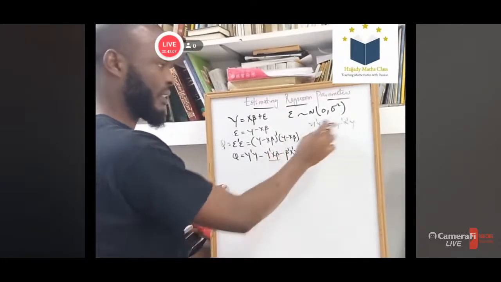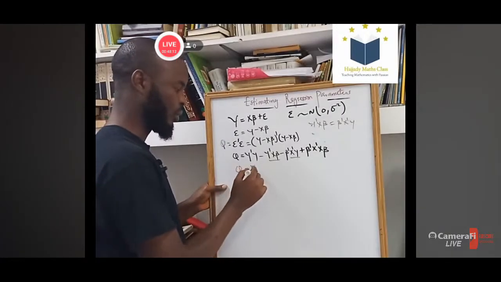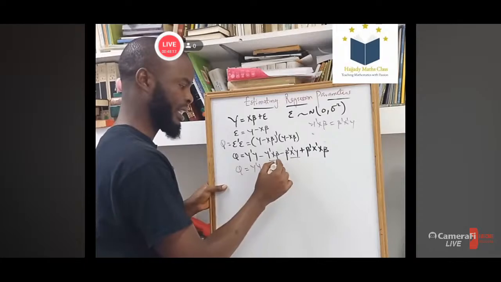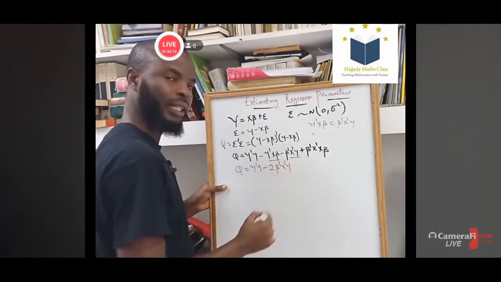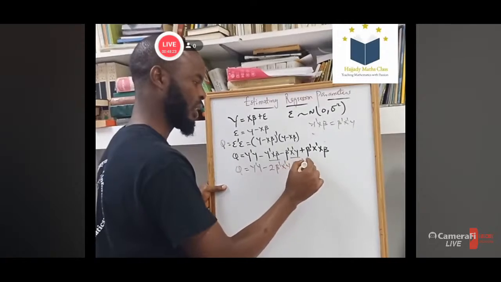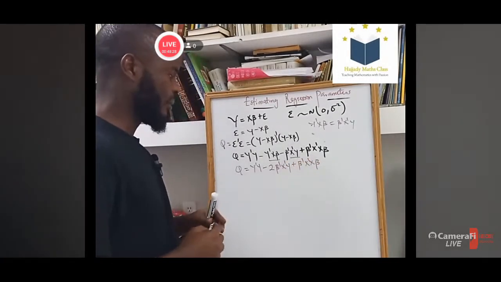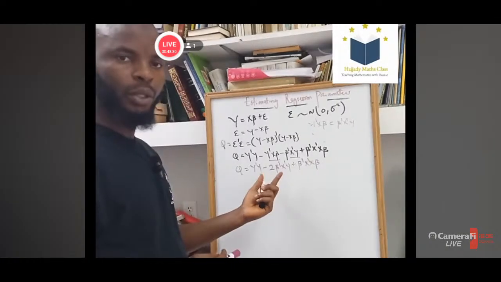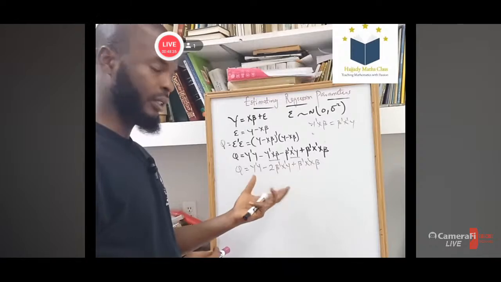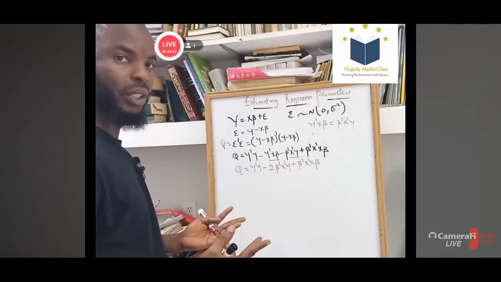So here we have Q equals y prime y minus 2 beta prime x prime y plus beta prime x prime x beta. The multiplication is possible because we take cognizance of the order, the dimension of this. If the dimension contradicts, then the multiplication cannot be done.